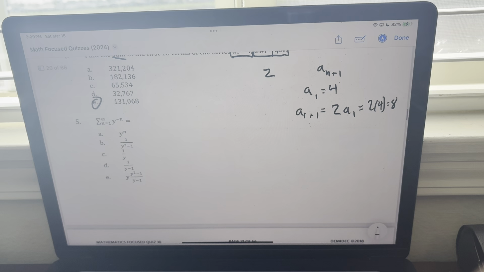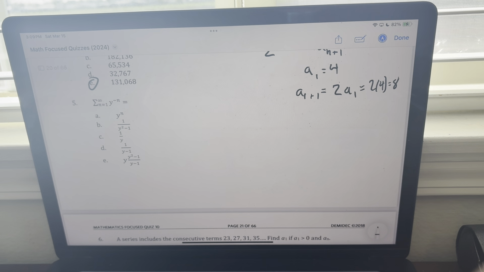And so next we get a fun little one, and this requires that you know the formula for an infinite series. So I'm going to go ahead and give that to you right now. And the formula for an infinite geometric series like this, where you have the n. Now, this negative may trip you up, but all we're saying, if we do a little algebra here, n equals 1, we get 1 over y to the power of n.